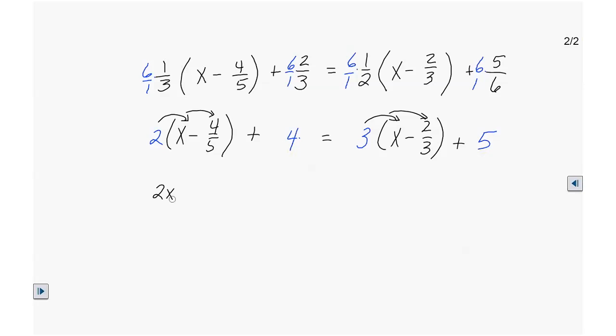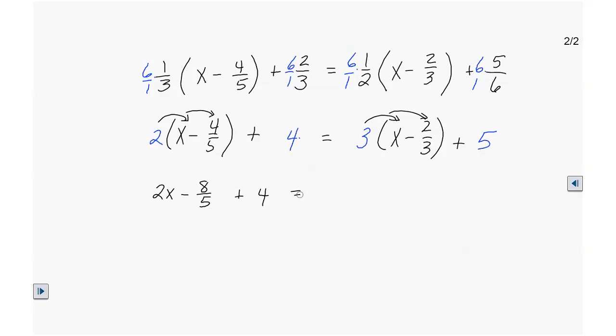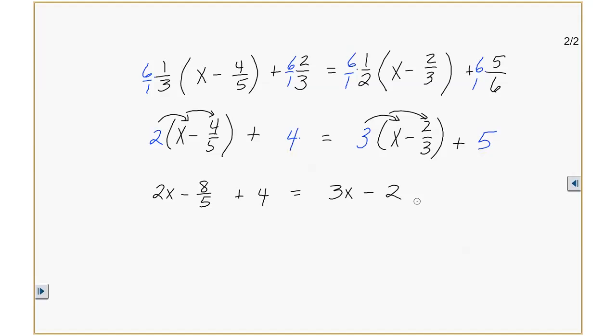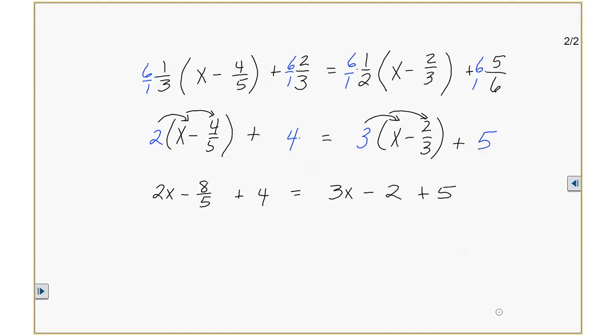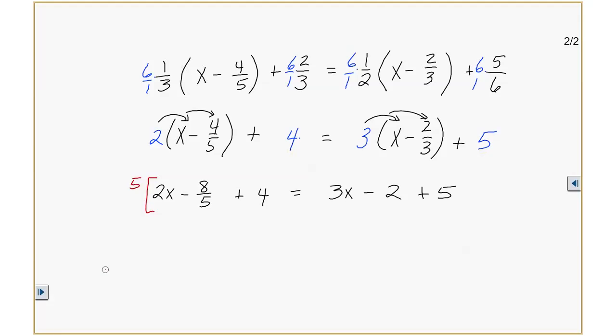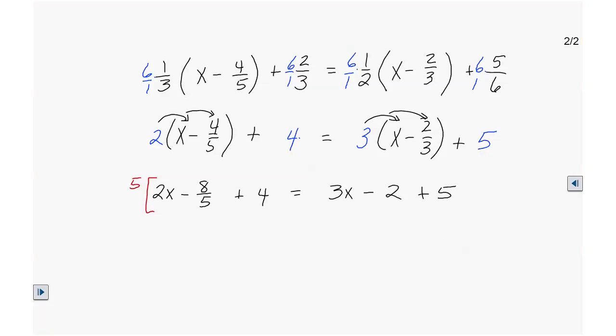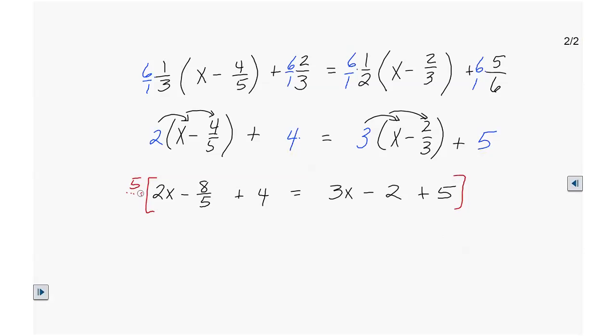2x minus 8/5 plus 4 is equal to 3x minus 2 plus 5. Now, before you do anything else, get rid of this fraction. Multiply through by what? 5. I'm going to put a little dotted line for the 1 there.